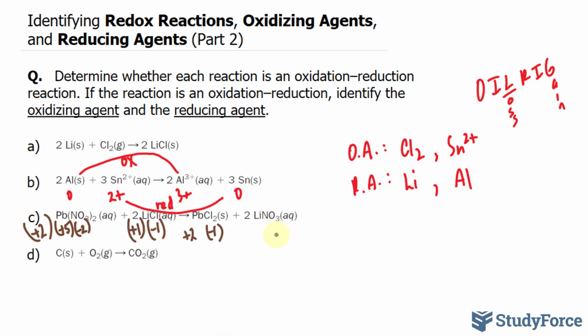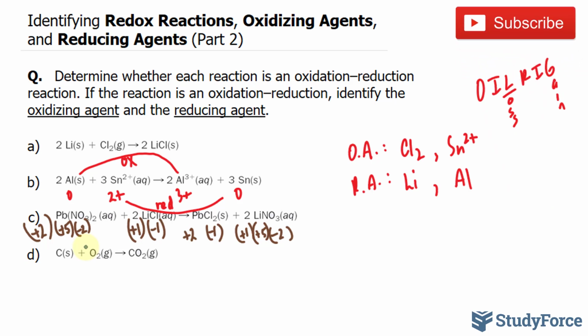Oxygen has a state of 2-, lithium has a state of 1+, and once again nitrogen has a state of 5+. As you can tell, none of the states have changed. Take for example nitrogen. It goes from being 5+ to still being 5+. Oxygen is still 2-, whether it's in the reactants or in the products. Therefore, this is not a redox reaction.